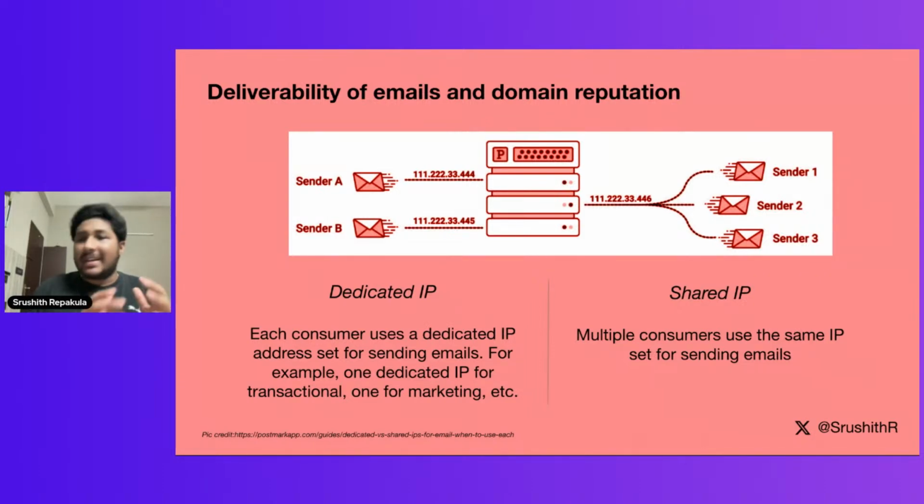In SES you can create something called a dedicated IP pool, where AWS will assign dedicated IP addresses just for your AWS account, and only those IP addresses will be used for sending the emails. This way, I am solely responsible for the reputation of my IP addresses. Therefore, someone else cannot impact my IP address.